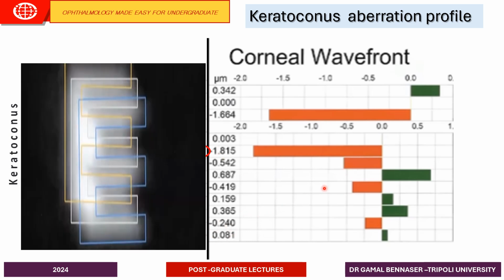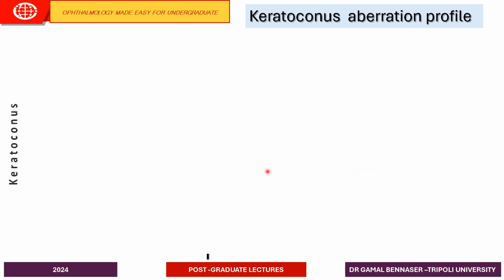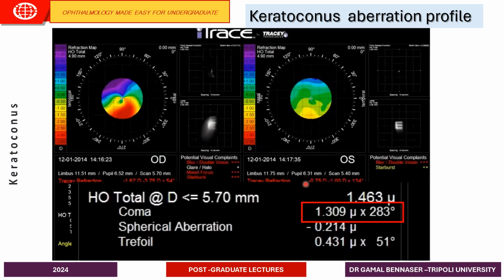Now, this is the point spread function, showing how the patient will see with these aberrations. And you can see, after you remove the aberrations, how the patient's vision will improve to this level. This is a simulation done by the machine to show what his visual function will be when you remove these aberrations. The same as I said before, we determine the coma X. For example, in this patient, he has 1.3 coma and the X is 283.